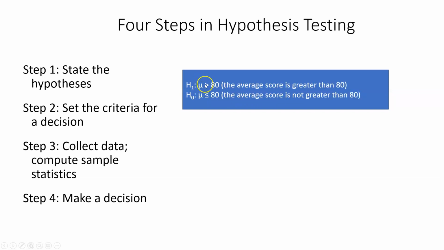The mean is greater than 80 because we're thinking that they increased the mean above the typical people in the population. So the average score is greater than 80. And the null hypothesis is that the mean is less than or equal to 80. Even if the electrical stimulation made their math scores much worse, we don't care about that because all we've asked is, does it improve their math scores?